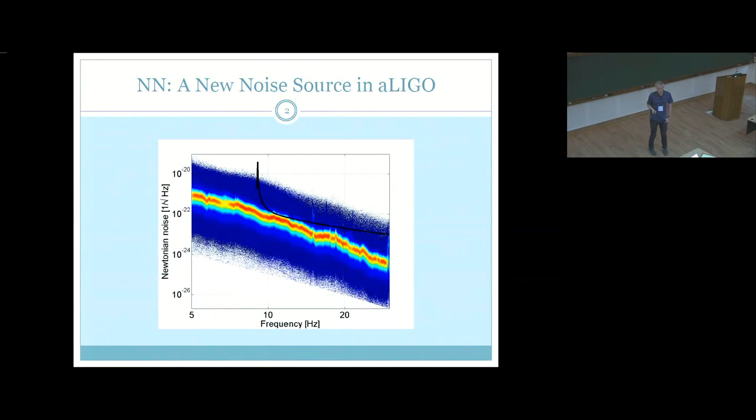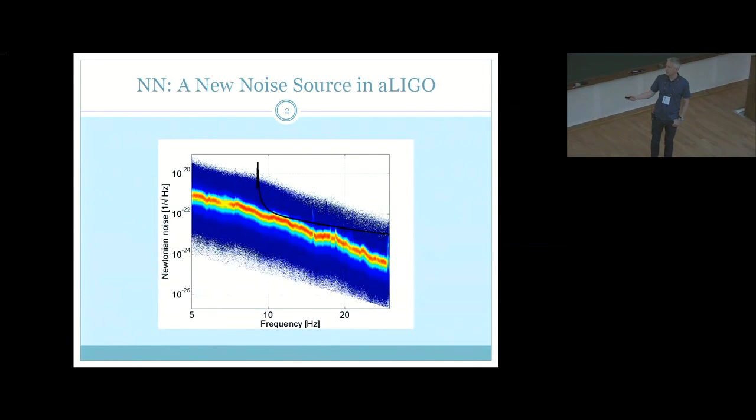That is because the underlying source of that noise, and I will talk about that more soon, is seismic ground vibrations. These are highly non-stationary, and this leads to a huge variation. Let's say this level on top of this red region is kind of the 90th percentile.